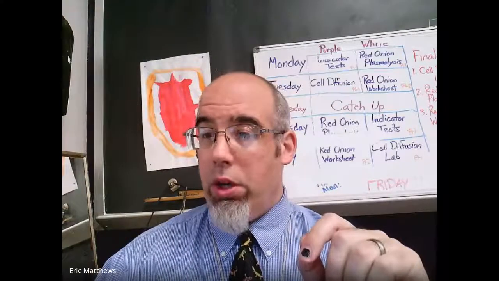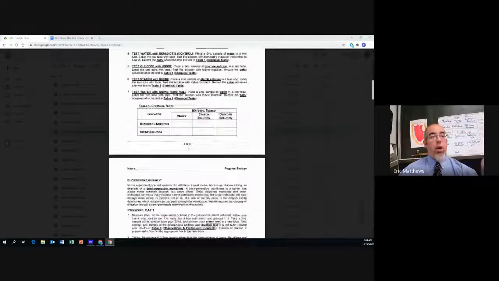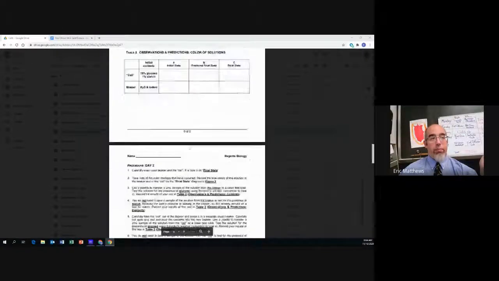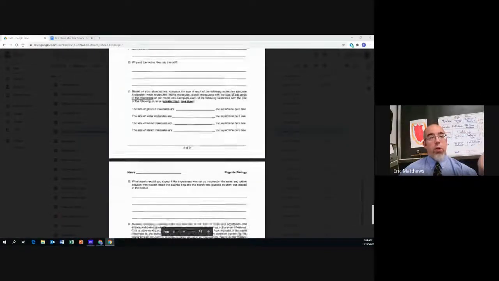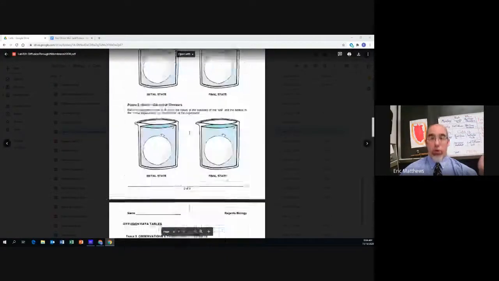Now, the first 2 are pretty straightforward, and you should be seeing them up here on your screen now. The first one is the diffusion across a membrane lab. This is the state lab, all many pages of it. This is going to be the primary thing that we work on over the course of this week.